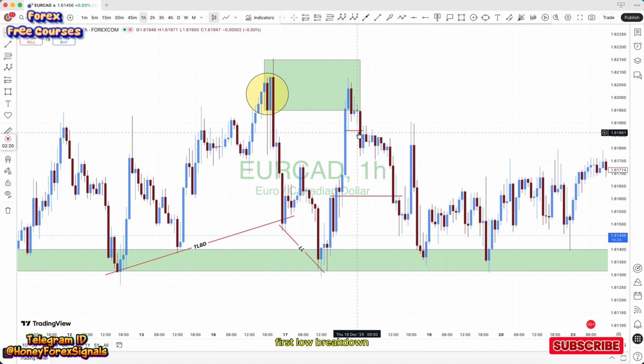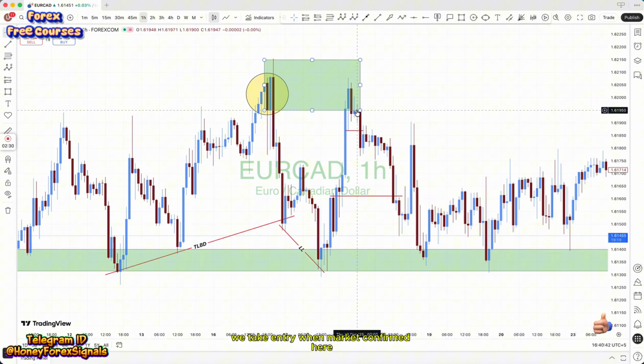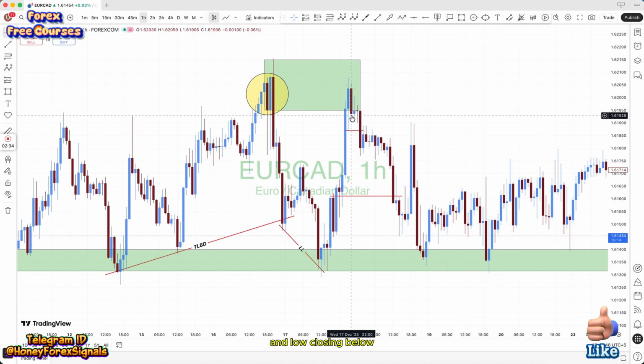First low breakdown. So this is our smaller time frame M5. M10 high low. Low QM zone. We take entry when the market confirmed here and low closing below.